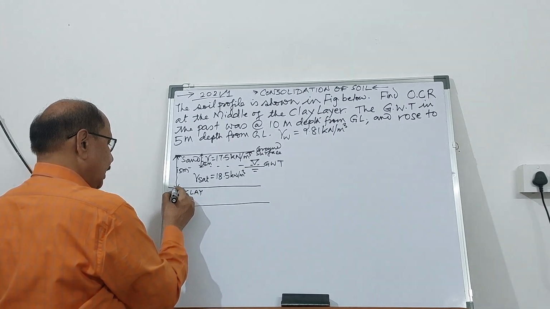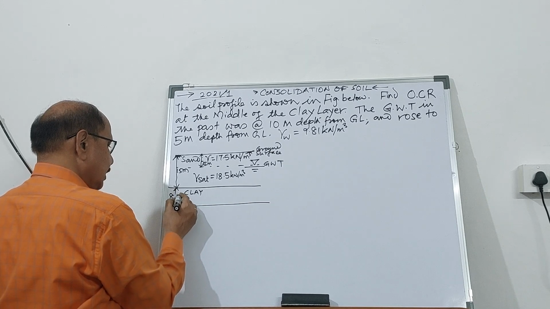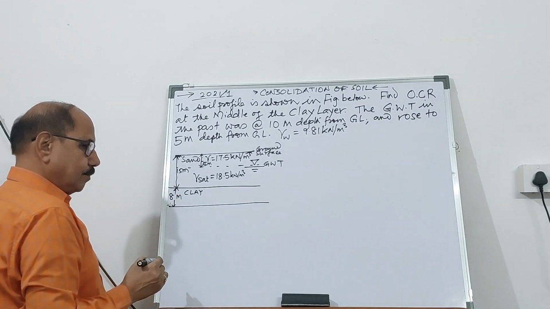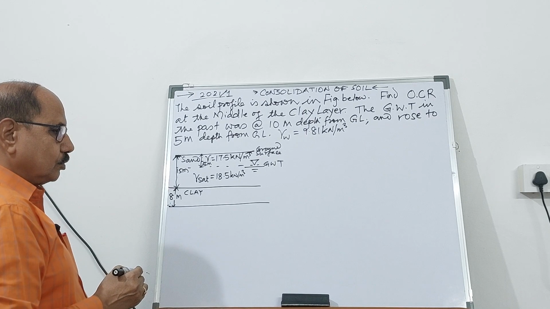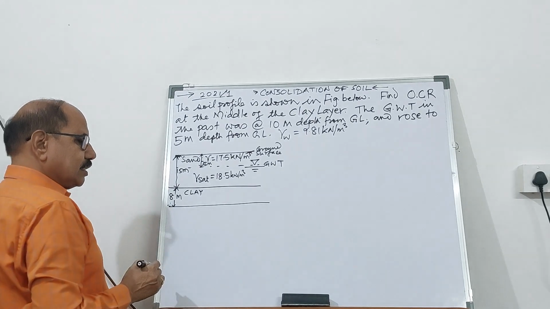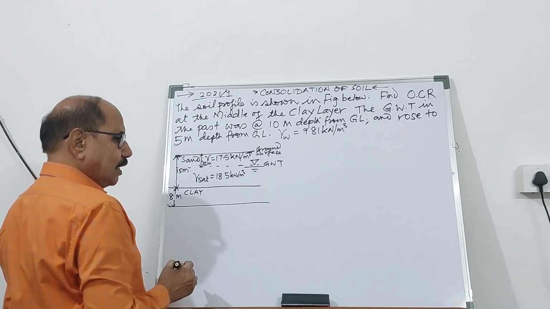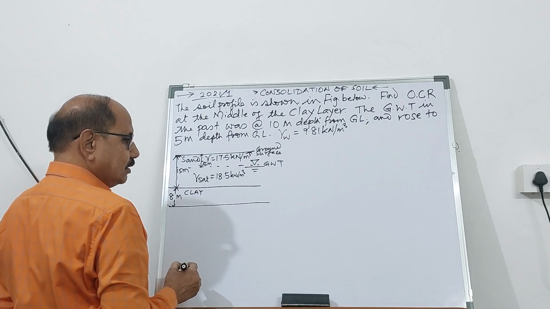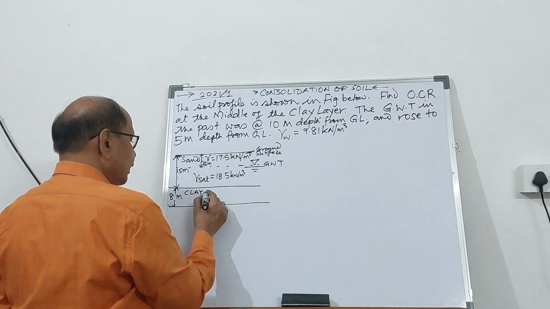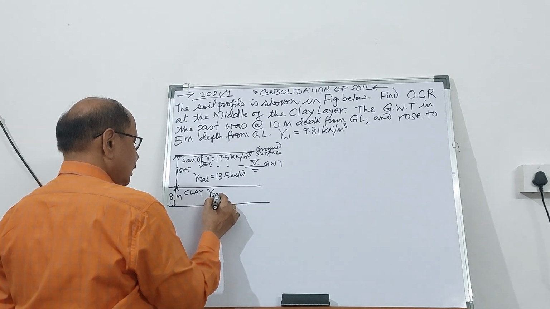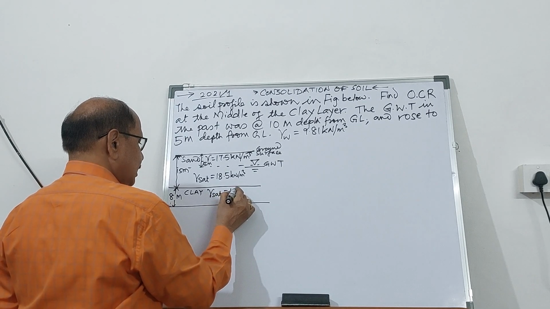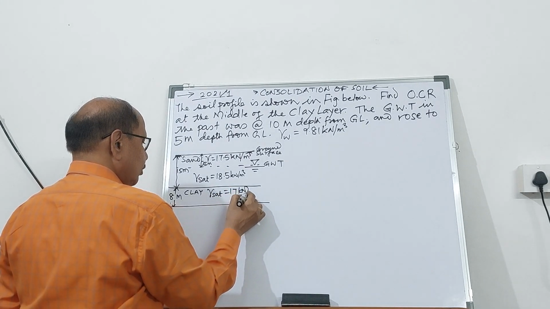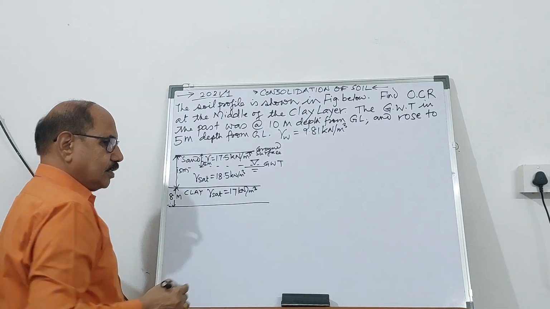The thickness of the clay layer is 8 meter. This clay layer has the saturated unit weight as 17 kilonewton per cubic meter.